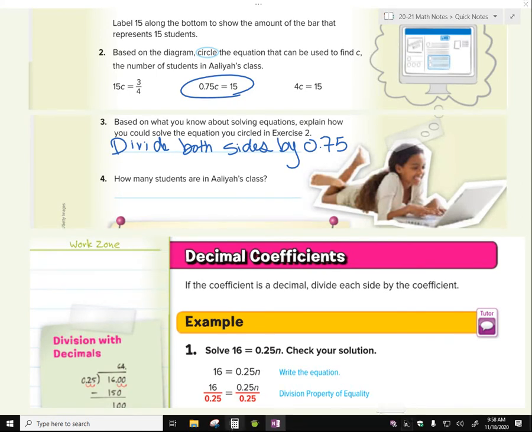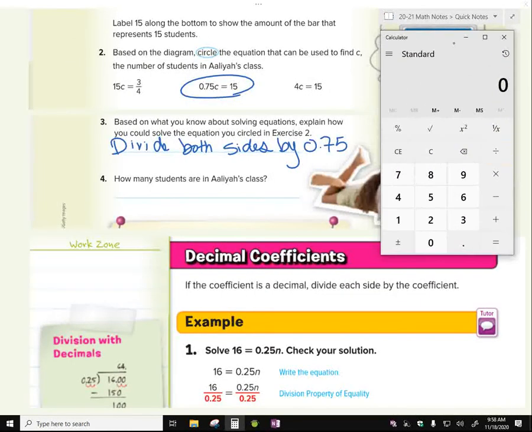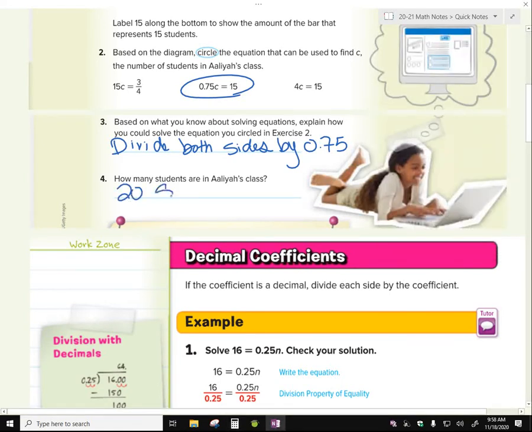Since I can use my calculator, and this is a decimal problem, I'm going to divide both sides by 0.75. 15 divided by 0.75 equals 20. So, how many students are in Aaliyah's class? 20 students. It's asking a question with words in it, so you're going to have an answer with words in it.